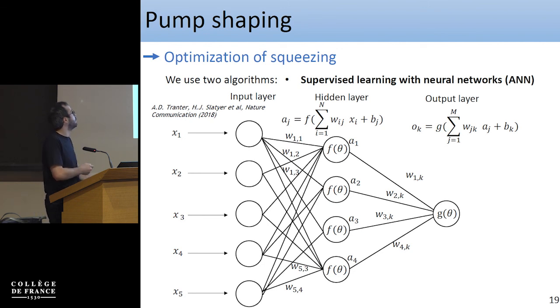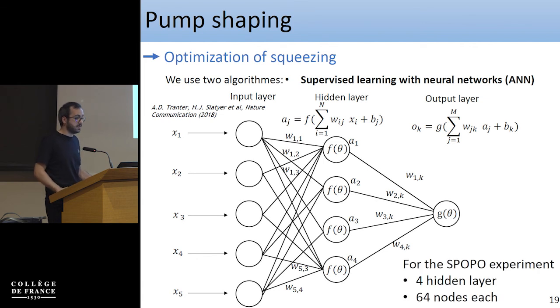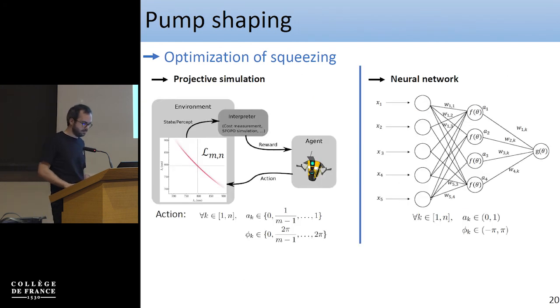So we have the input of our system here, and here we calculate the cost function. This algorithm was already written by a lab in Australia, and we just use it. Its characteristics are that it uses 4 hidden layers, and each layer has 64 nodes.